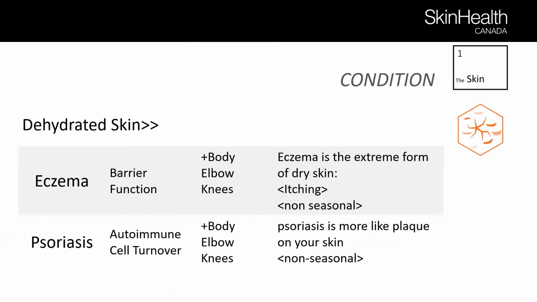And with psoriasis, it's an autoimmune cell turnover disease, which means that the cells are producing too quickly, and so it leads to a plaque buildup on the skin. It's also in that same elbow and knees area, so you're also looking at the body to see, am I just dealing with dehydrated skin here, or am I dealing with something of a more pronounced disease state?